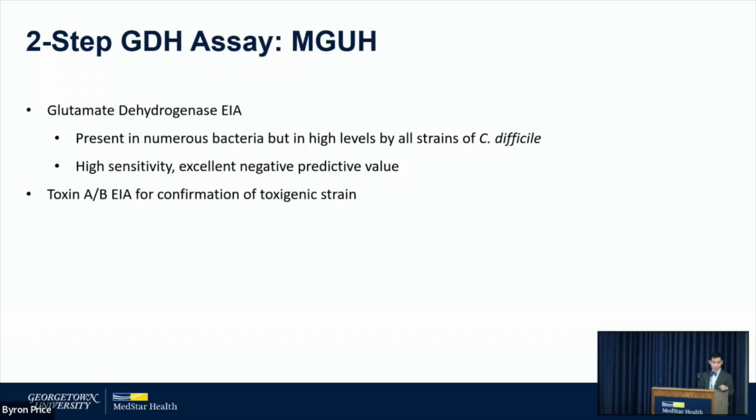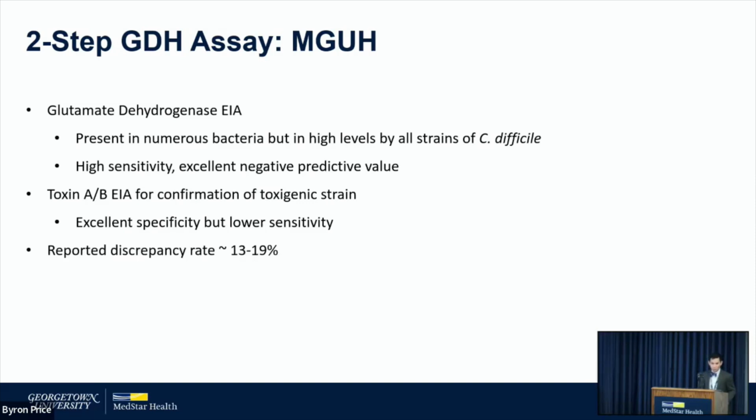If that is positive, then we do a confirmatory toxin-mediated test, toxin EIA, for confirmation of a toxigenic strain. And this has excellent specificity, but lower sensitivity. The reported discrepancy rate is about 13 to 19%. So that's when it's a positive GDH, but negative toxin. And in the majority of those cases, it's thought to be because of a non-toxigenic strain of C. diff.